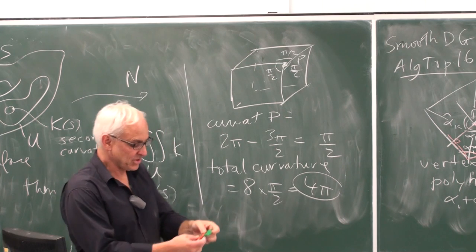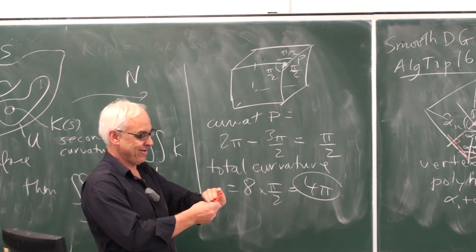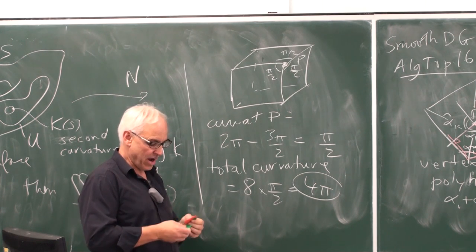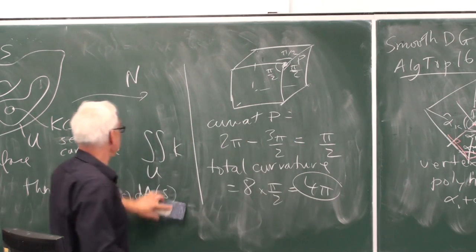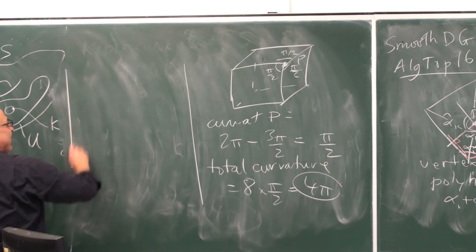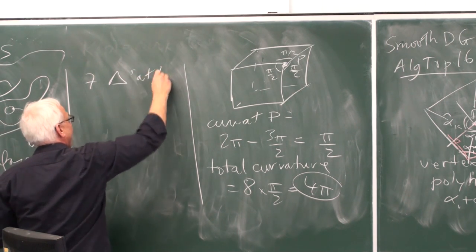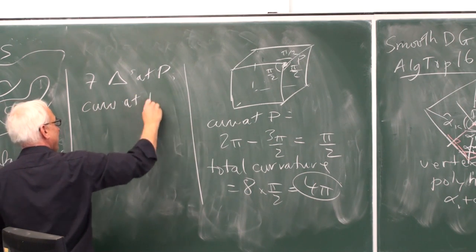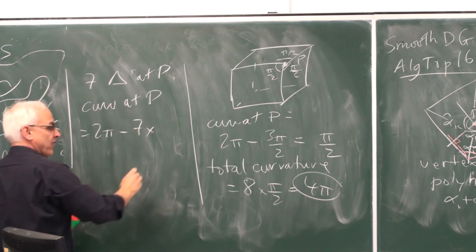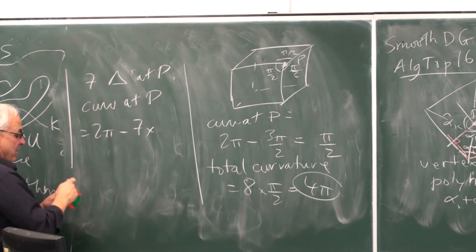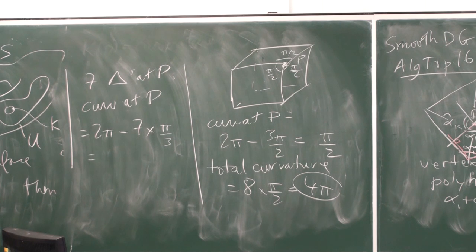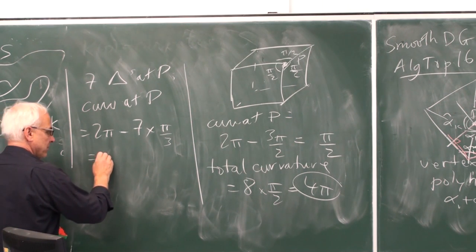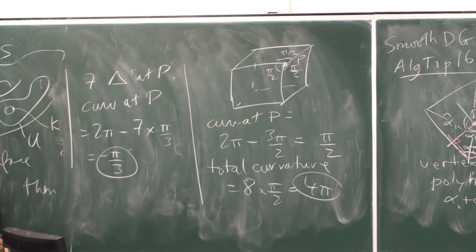And it's also interesting if you have, let me put this thing back together with 7. So if we have 7 equilateral triangles at a point, then what you get is the curvature at P will be 2 pi minus 7 times, well, each one of them is pi on 3, for a total of minus pi on 3, reflecting the fact that this has negative curvature.